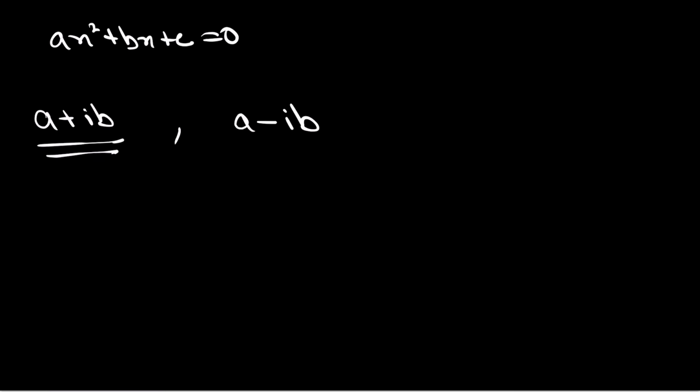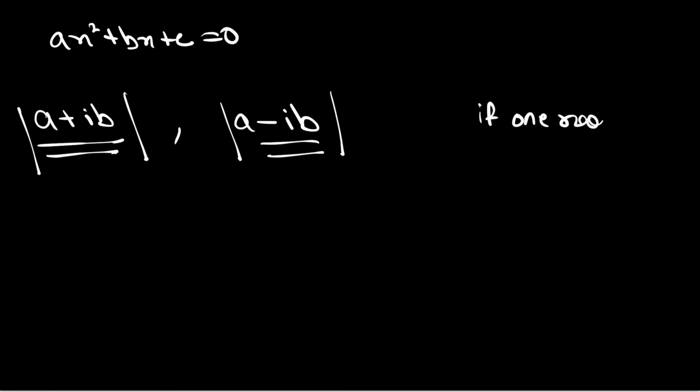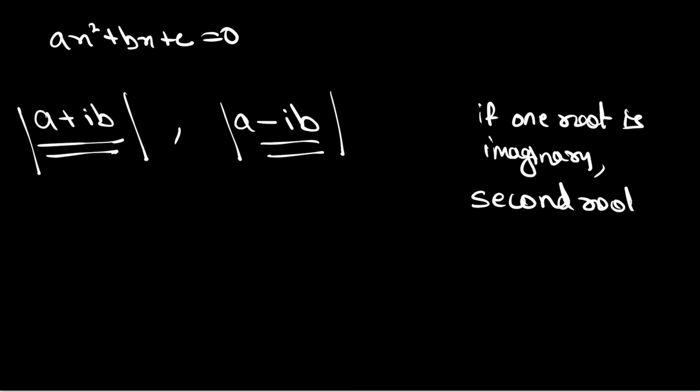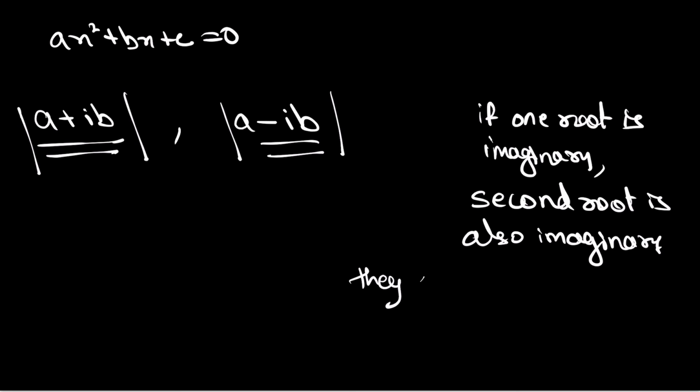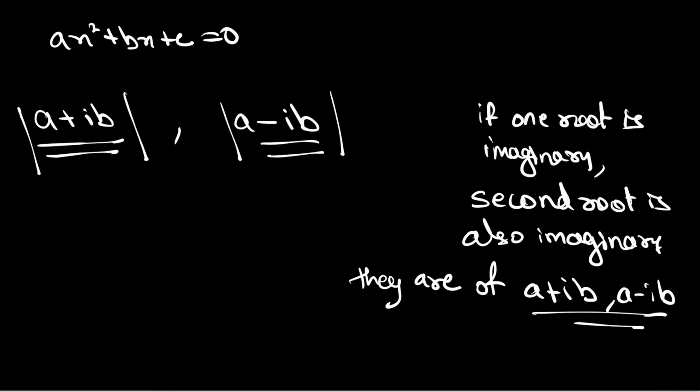A plus ib cannot individually exist without a minus ib. Hence, in any question, if one root is imaginary, the second root is also imaginary, and they are of the form a plus ib and a minus ib always.